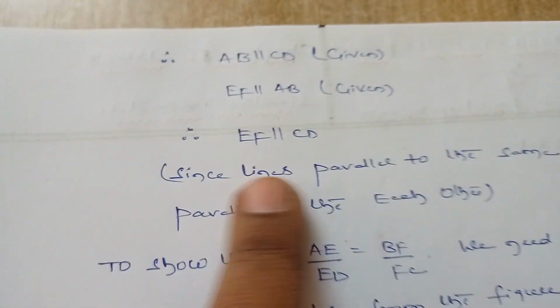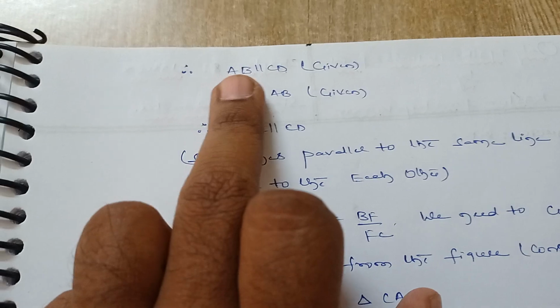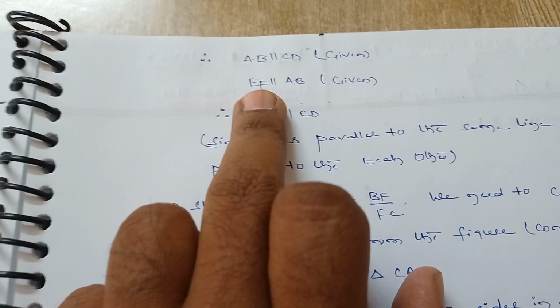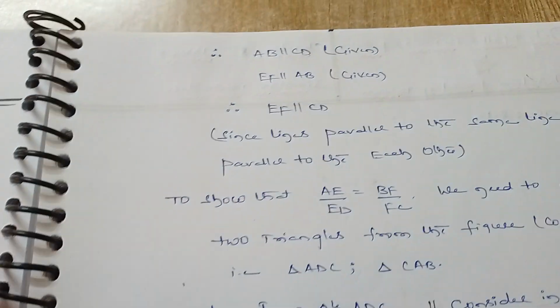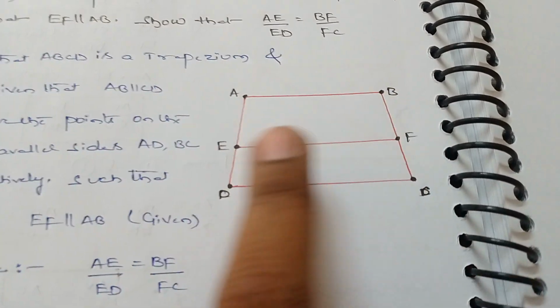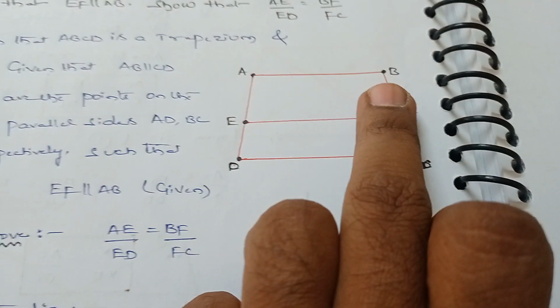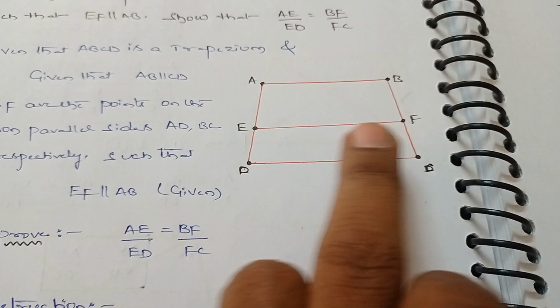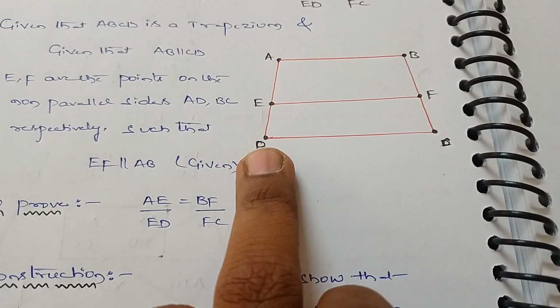Since lines parallel to the same line are parallel to each other, if AB is parallel to CD and EF is parallel to AB, then EF is automatically parallel to CD. That is a property we have in parallel lines.